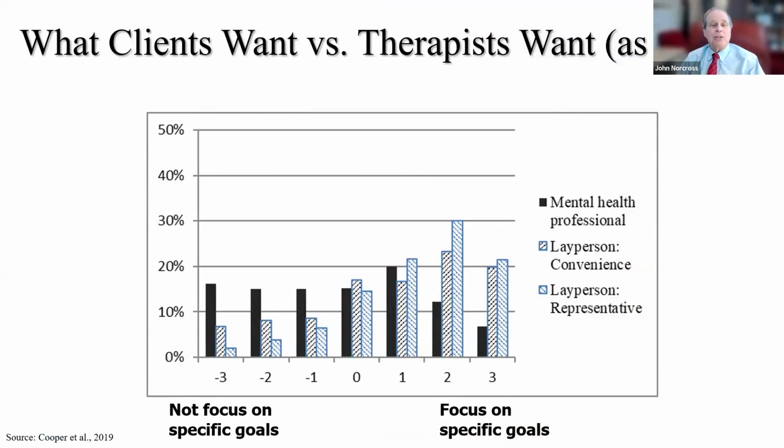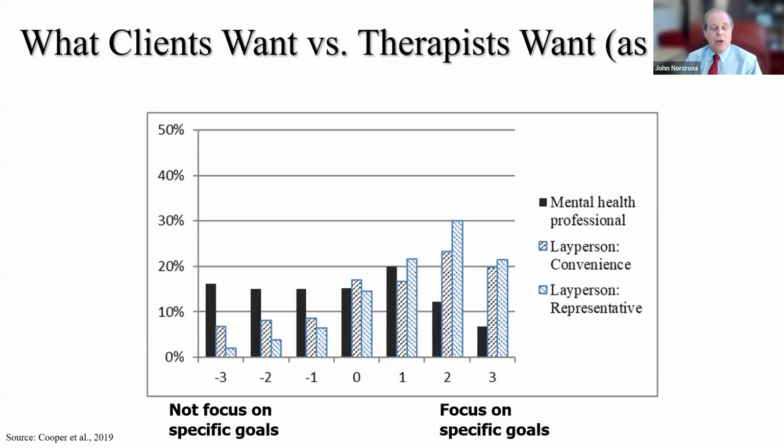So, as I mentioned, the fun fact that we've been doing these studies in different varieties. If we simply generalize from our experience as therapists, would we be accurate? Sometimes yes, sometimes no. So take the simple question, in this therapy, should we focus on specific goals or not focus on specific goals?